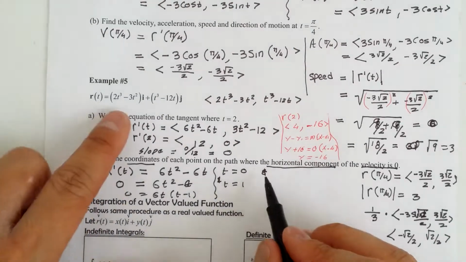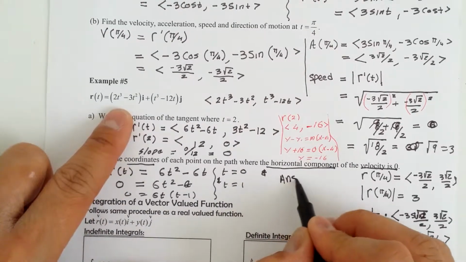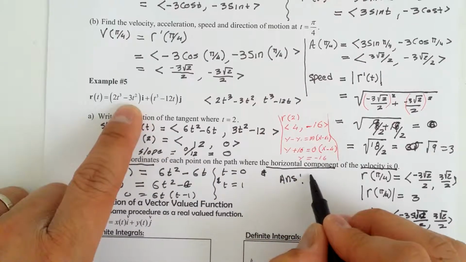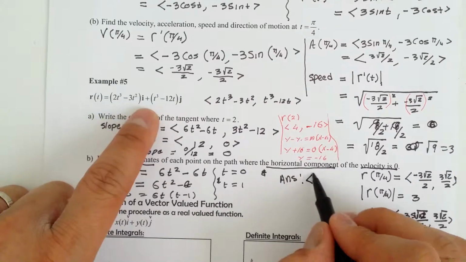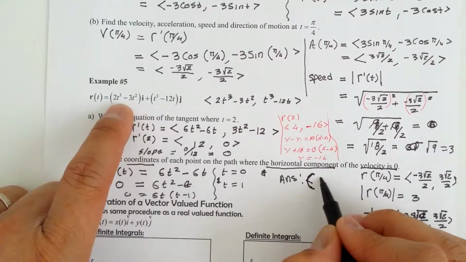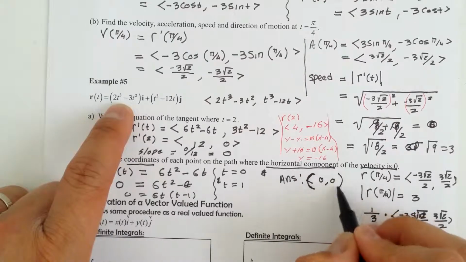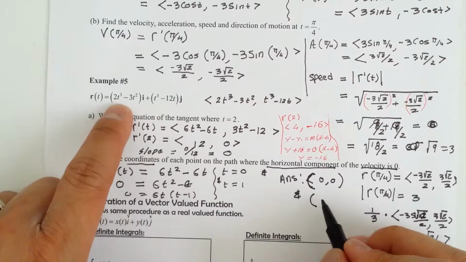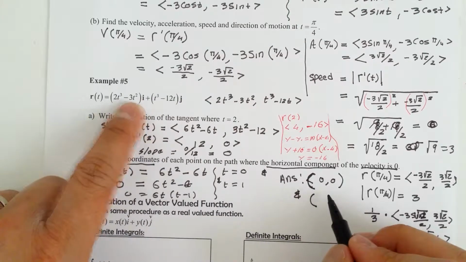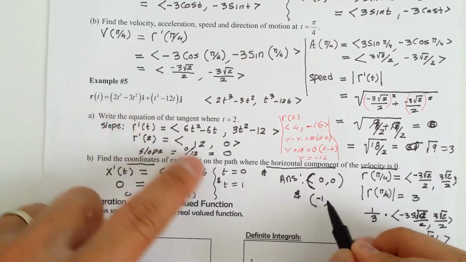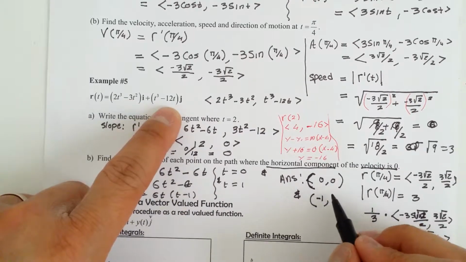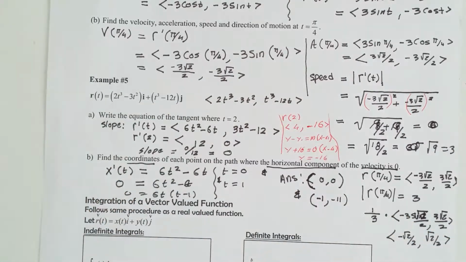So if I replace time equals 0 in there, then one of my answers would be 0, comma 0, okay? And if I replace 1 in there, then my answer would be 2 minus 3, which is -1. And then if I replace 1 in there, I would get 1 minus 12, which is going to be -11. So those are the coordinates. That's what they asked us to do.